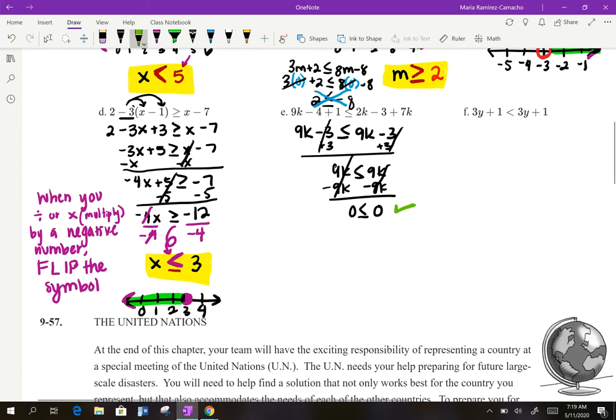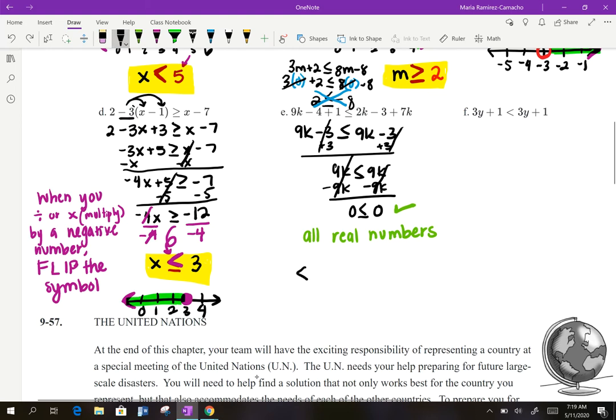If this were an equal sign instead of an inequality symbol, we would usually write all real solutions, all real numbers, and that's what we're going to do here as well. Because that is true. 0 is always less than or equal to 0 because of that little equal part.